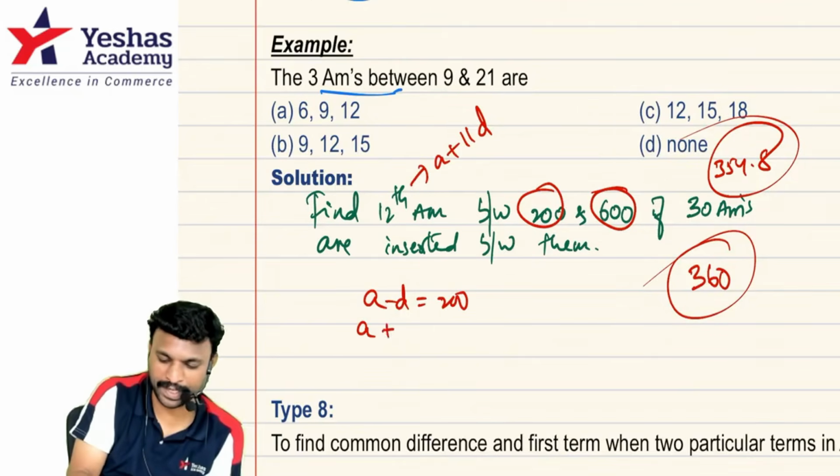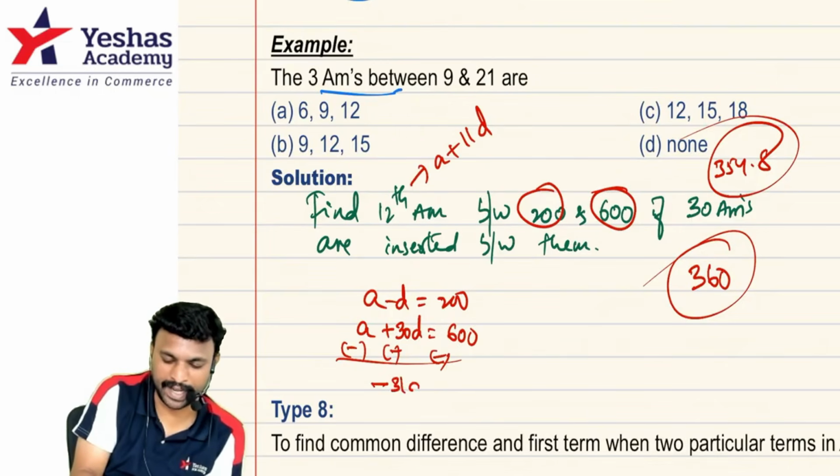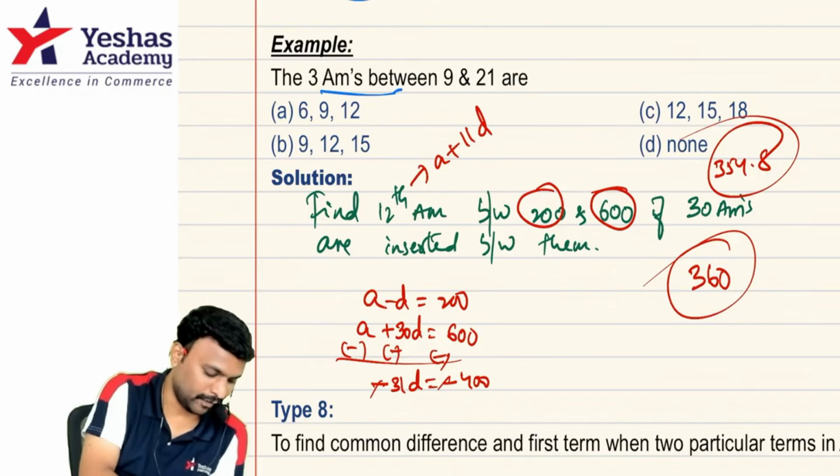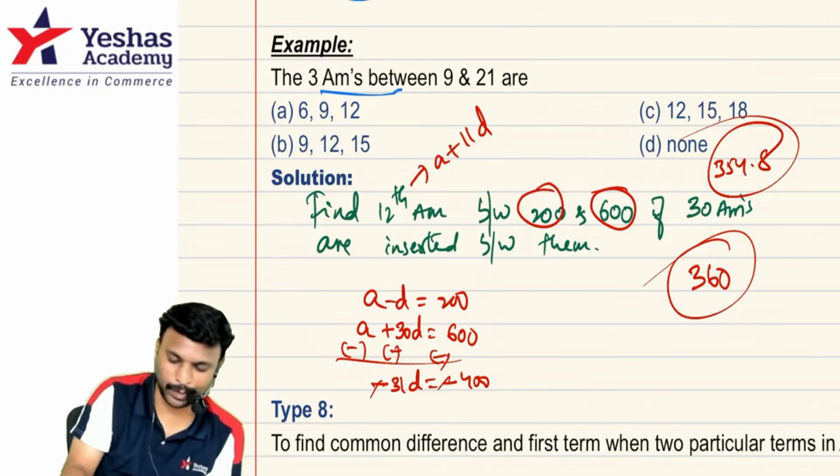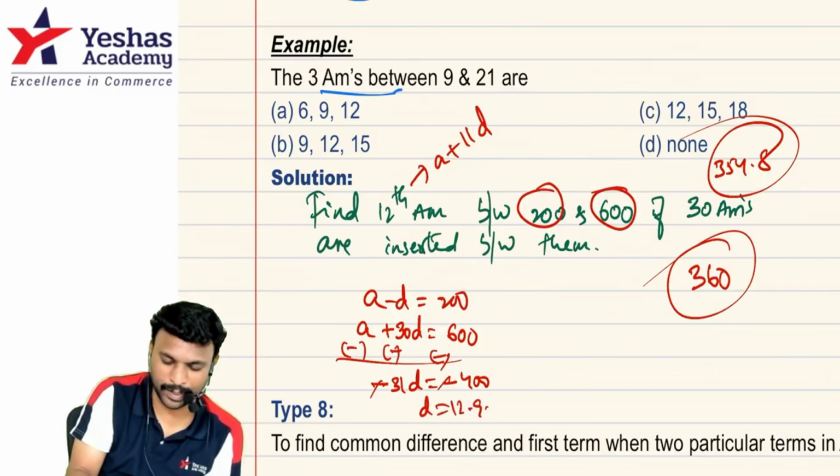A plus 30D is equal to what? 600. Subtract, subtract, subtract. It's minus 31D equal to minus 400. Negative, negative cancel. So 400 divided by what? 31. How much? 12.9032. D is 12.9032.